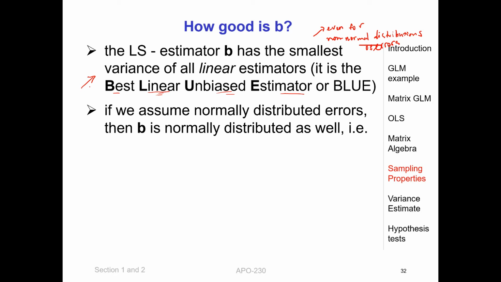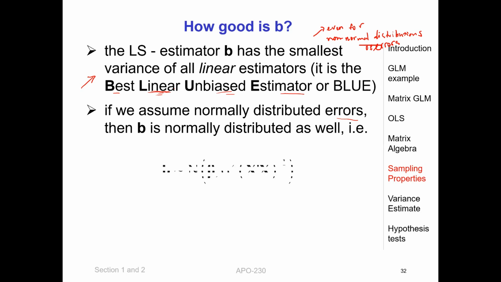Now, in addition to the Gauss Markov assumptions, if we also assume that the errors are normally distributed, then B is normally distributed as well. Why? Because B is just a linear function of the error term, right? And a linear combination of normally distributed random variables is also a normally distributed random variable itself, in this case, the whole vector B.